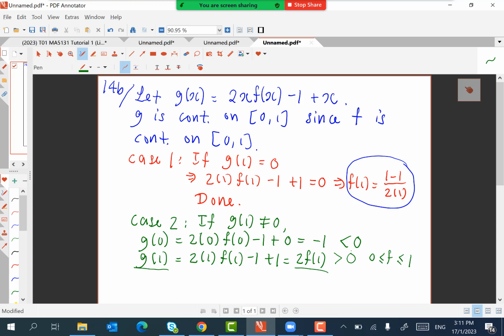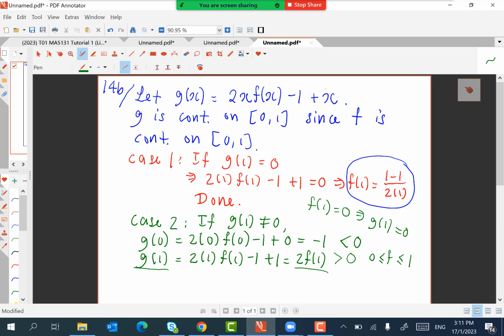How do we conclude this is positive? Because when f(1) is 0, then g(1) is 0. Let's see how.